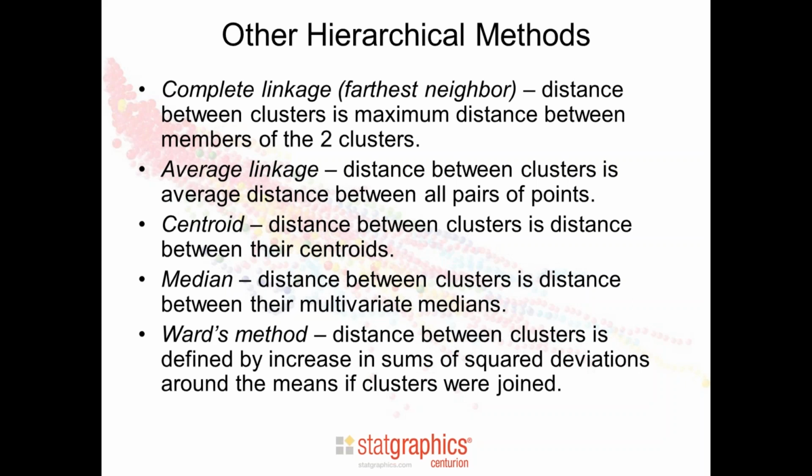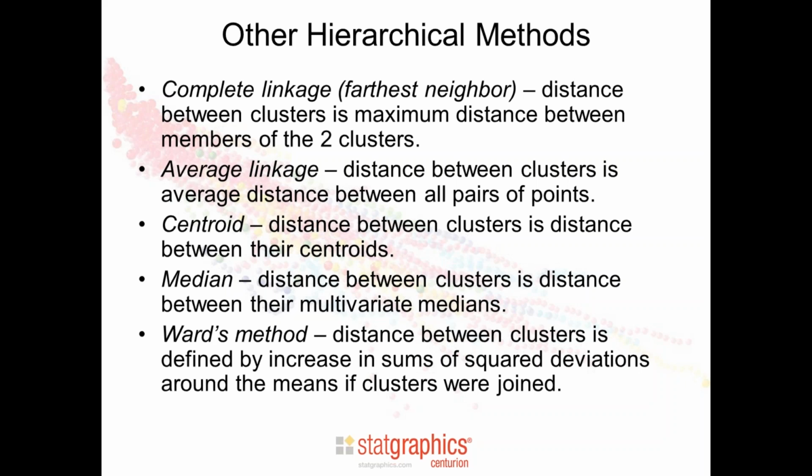In the farthest neighbor method, you take all pairs of points in different clusters, find the 2 points in different clusters that are farthest apart, and that distance defines the distance between the clusters. Or you can use the average distance between pairs of points in different clusters, or the difference between the centroids of two clusters, and call that the distance between the clusters.